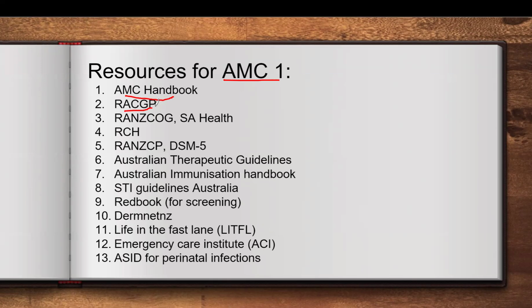For example, if you want to read about peripheral arterial disease, just write on Google PAD RACGP, and you will get various articles. Try to read the most recent or latest article for that topic. So for general cases, we will be following the RACGP.